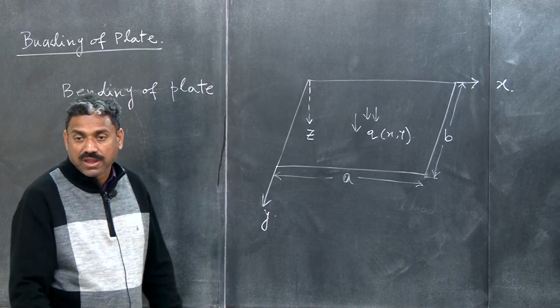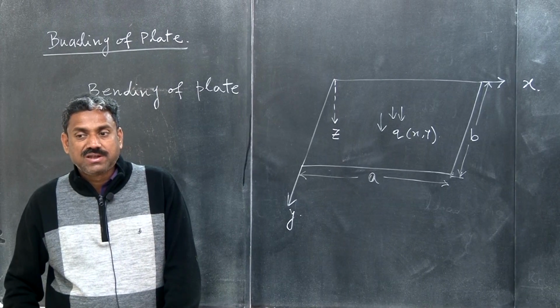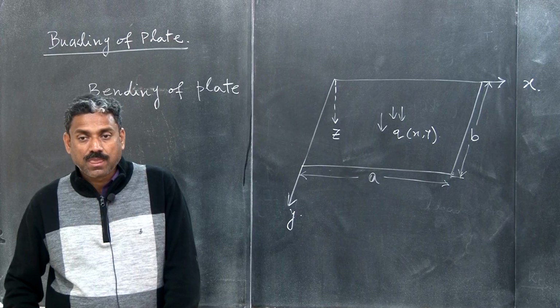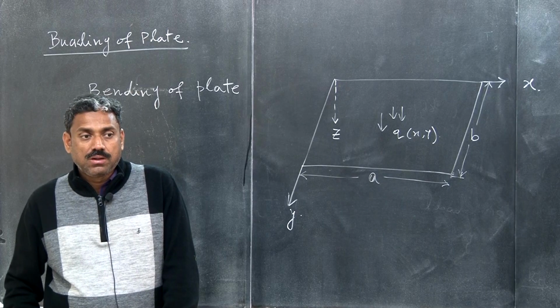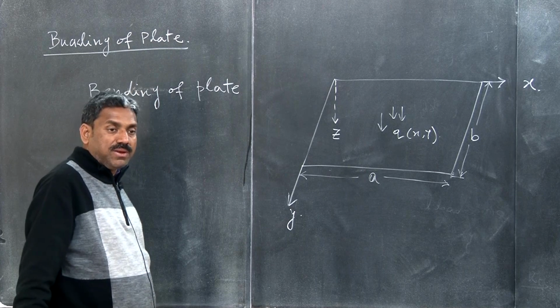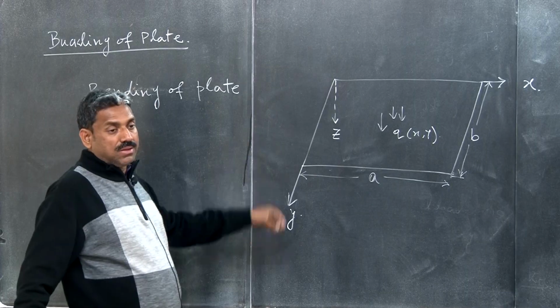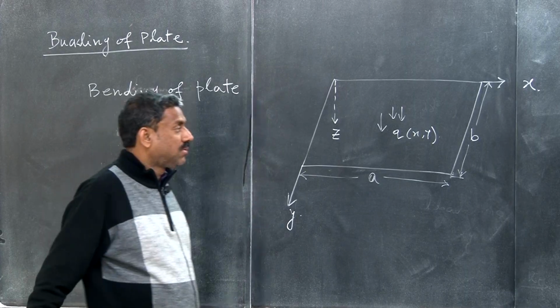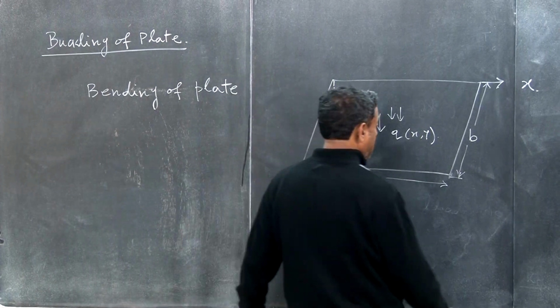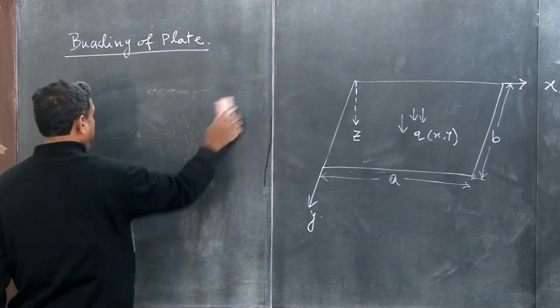Which approach did you follow in your theory of plates and shells? Did you start directly from the equilibrium equation as you have learned in mechanics? So the way we have derived bending of a plate, I will briefly recapitulate.